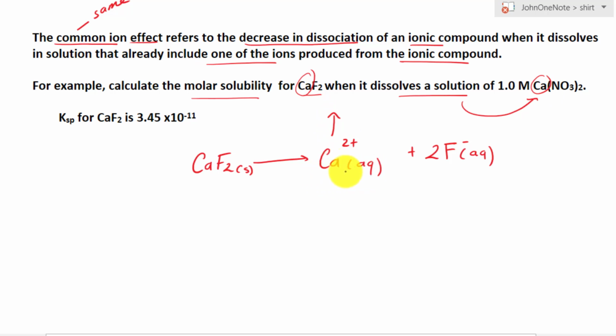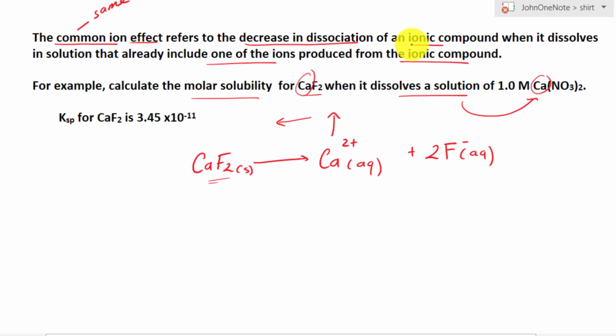So if this is being added, guess what happens to the direction of the reaction? It's going to shift this way because you're adding more calcium to it. And if we shift this way, guess what happens? The solid will not dissolve into ions as much. And that is the reason why the common ion effect decreases the dissociation of an ionic compound.